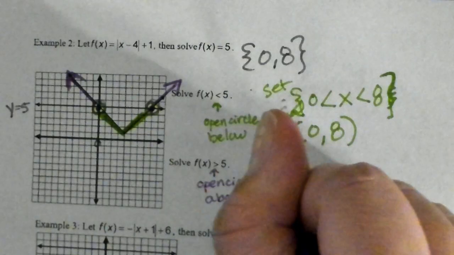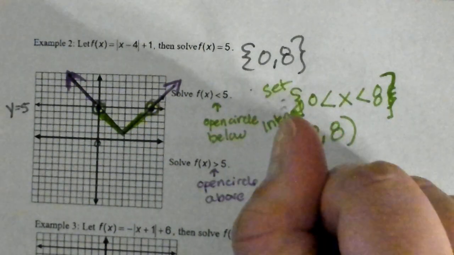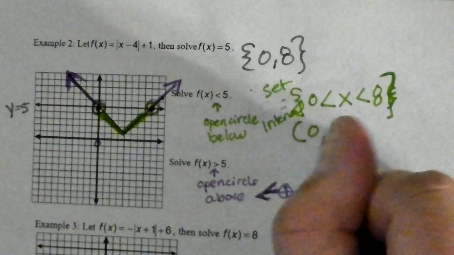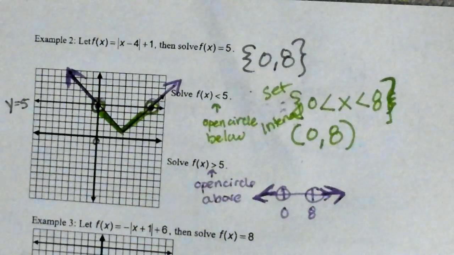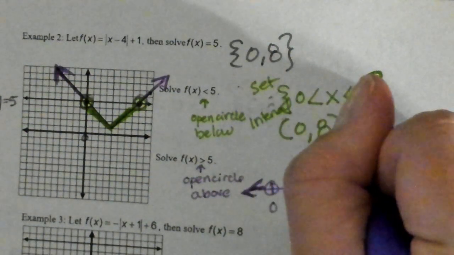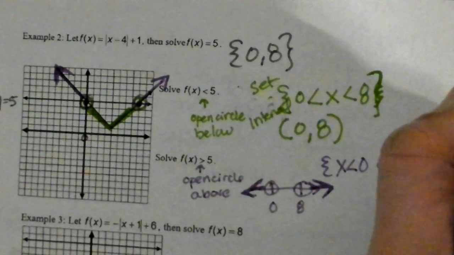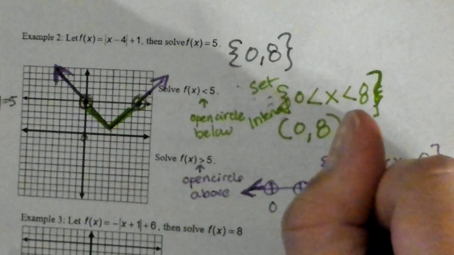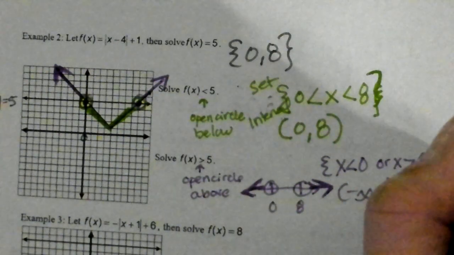I'll just do a number line out of this one. And then that's the outie situation, right? So that would be x is less than 0, or x is greater than 8. Or we could say negative infinity to 0, union 8 to infinity.